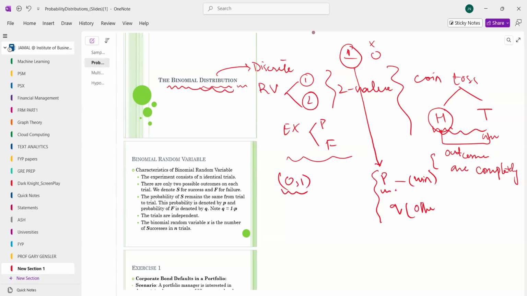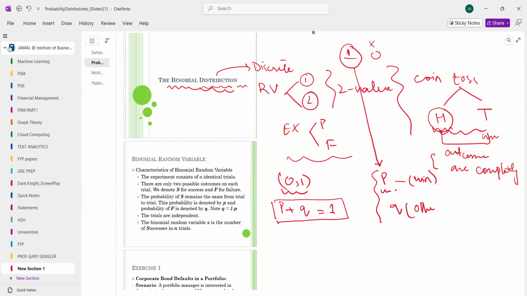If you have two outcomes which are independent of each other, the probabilities of each outcome added up are always going to be equal to 1. So if p was the probability of my winning and q was the probability of my losing, if I add them up, they're going to be equal to 1, right? This is the general rule of probability.